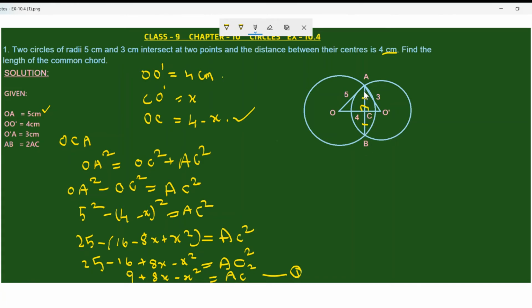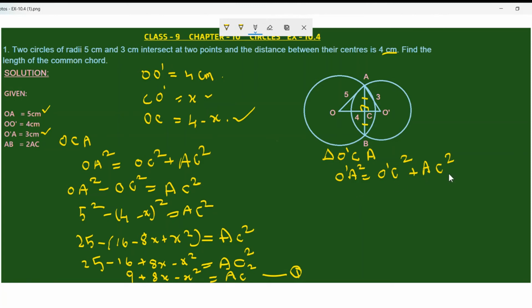So by using that, in triangle O prime CA, hypotenuse O prime A square is equivalent to O prime C square plus AC square. Got it? We know O prime A is radius of this circle, that is 3, and O prime C is x. We have let it is x. So we need to substitute in this.